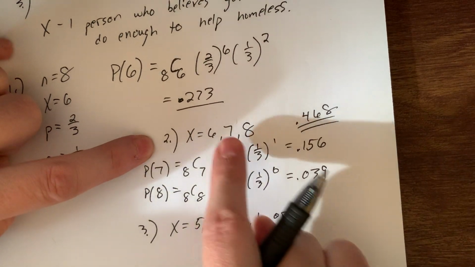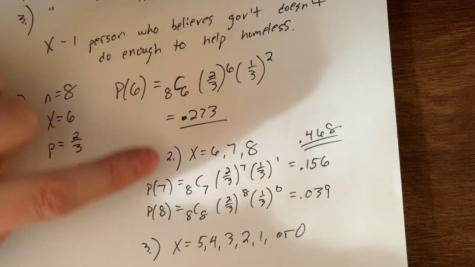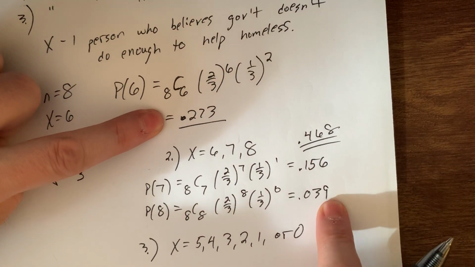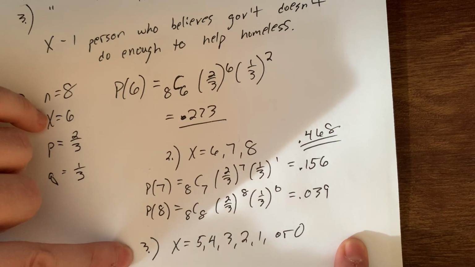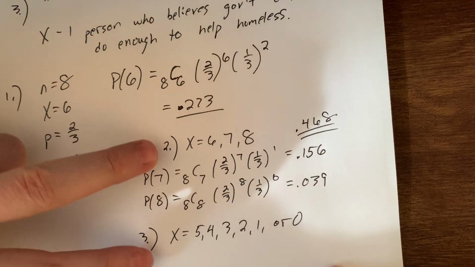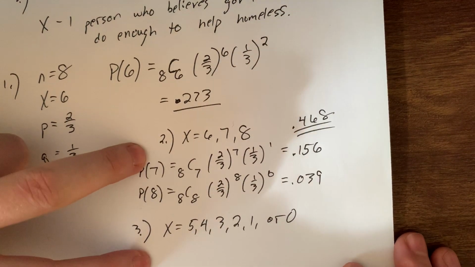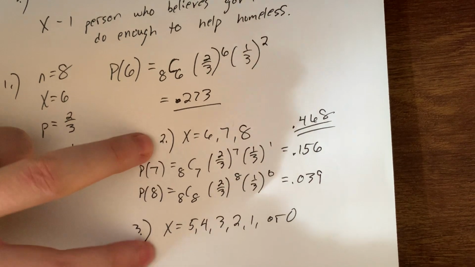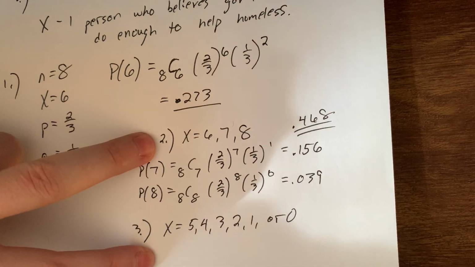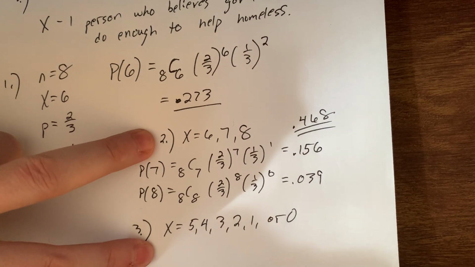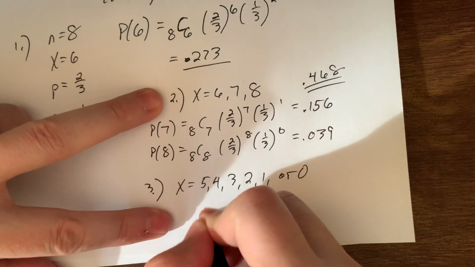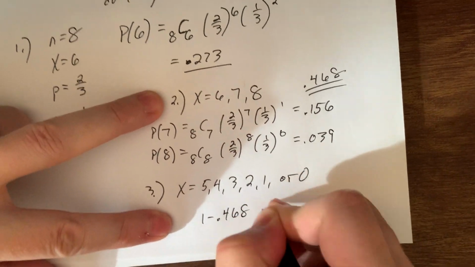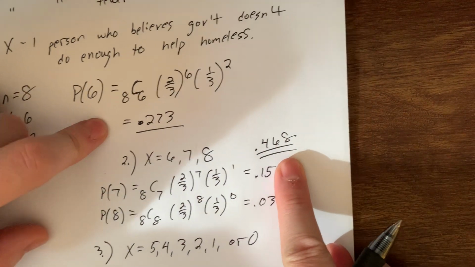Similar to number 2, I had 3 x values, do the formula 3 times, add those results. And here I could do the formula 6 times. But this is a good situation to realize the complement, that these two situations are complementary, that every x value is covered between these two. So instead of doing this 6 times and adding them all together, I'll do the shortcut, 1 minus the probability that we had for number 2.